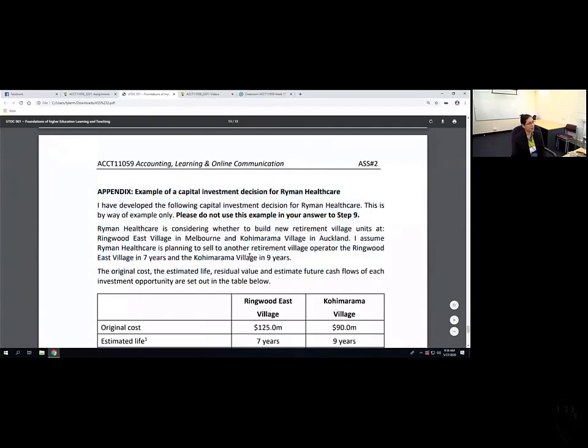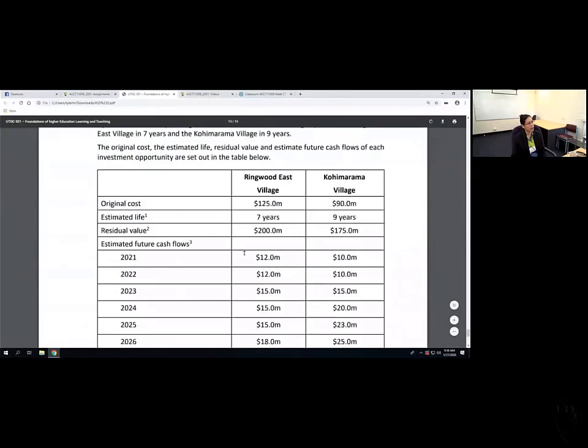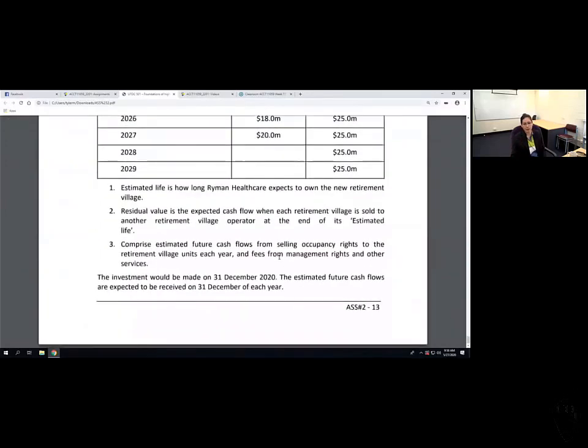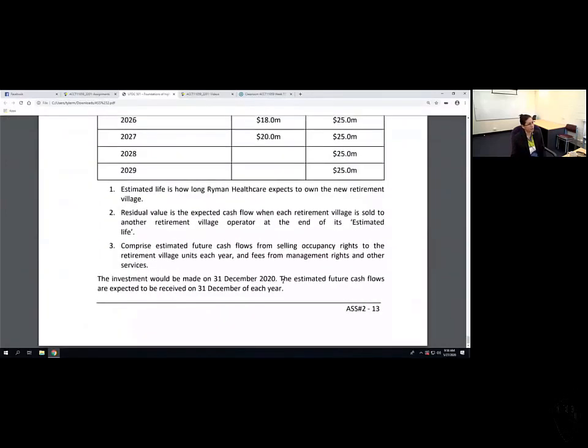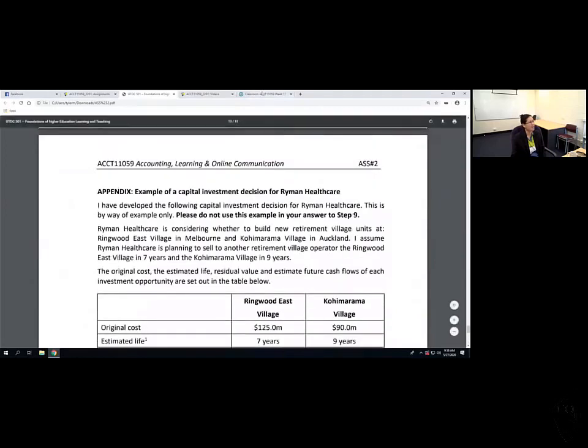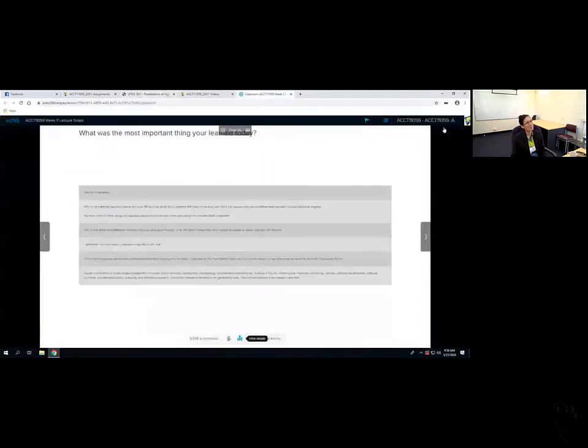I base my example on the same structure that Martin has covered, and I just show you how to do the calculations in Excel and evaluate it from there. So you've got examples to follow for step 9. So hopefully, coming back to your comment, step 9 won't be a doozy, okay?